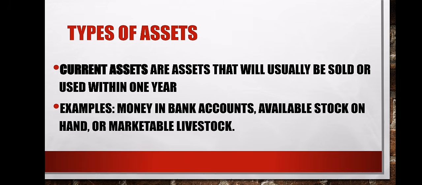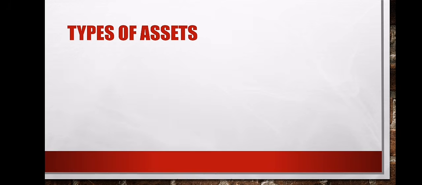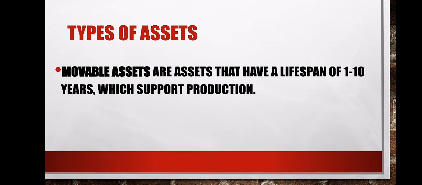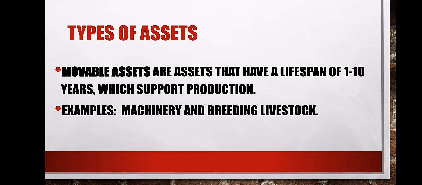These are goods or things that can be sold within a period of 1 year. We also have movable assets. They have a lifespan of 1 to 10 years, and they support what? Production. You can talk about machinery and some breeding livestock.